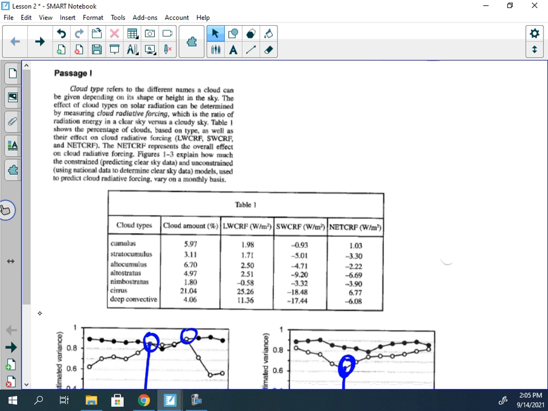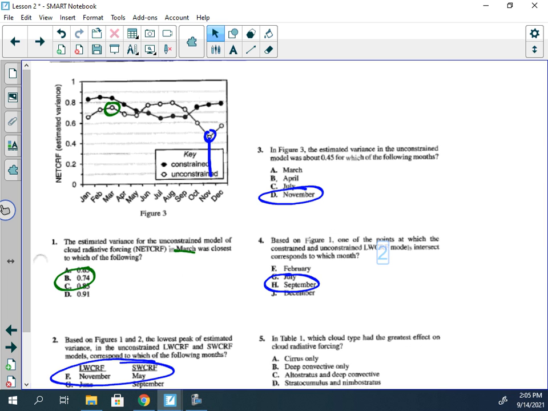So it's the percentage that they gave us. And said which one has the greatest effect of cloud radiative forces? So we look at this here, we're looking at the cloud amount. So which one has the greatest amount? Cirrus only. So answer choice A.